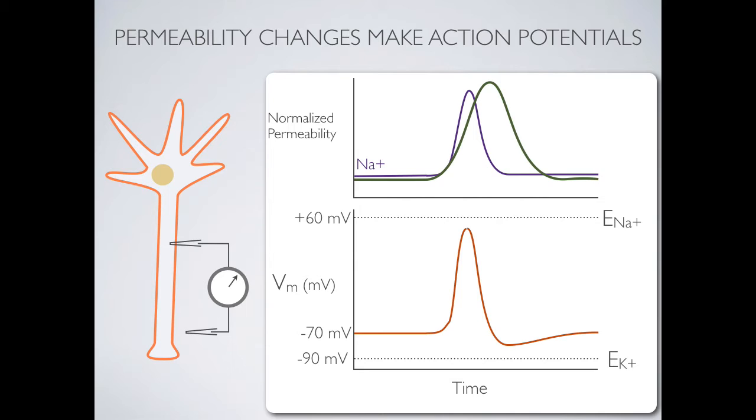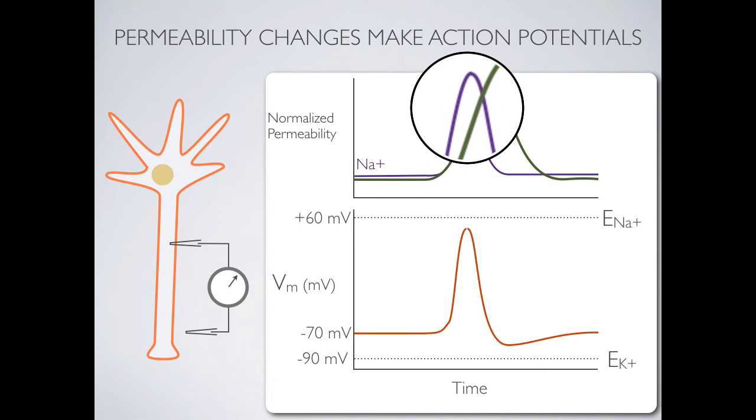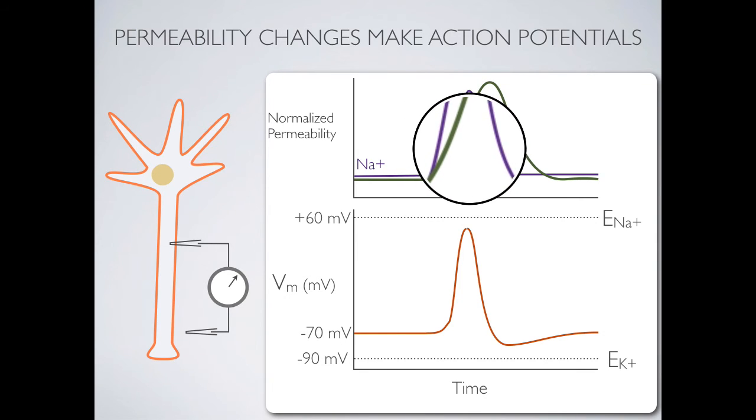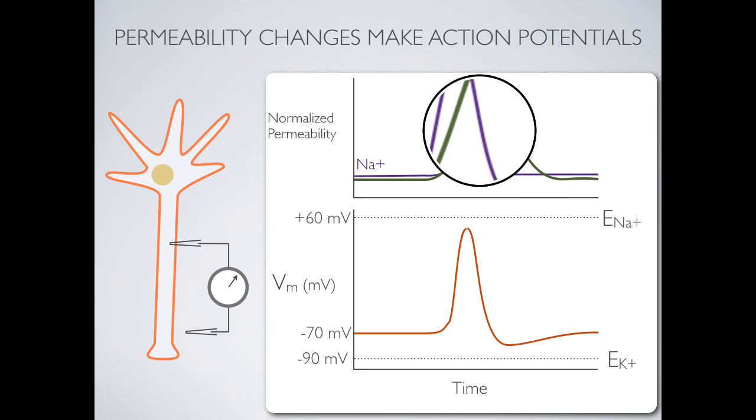It begins to rise at the same time as we have the rise in sodium, which is shown in purple. So the green curve is for potassium, and the purple curve is for sodium. They both rise at the same time, but the rate of the rise is slower for potassium.